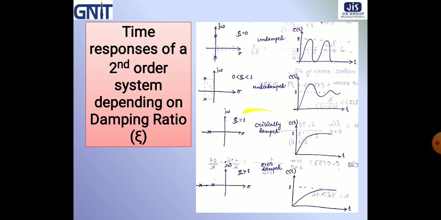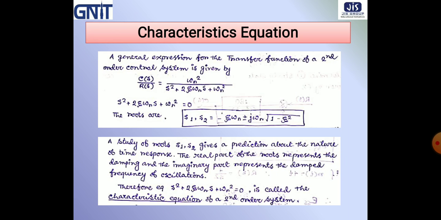And next is the critically damped case. In the critically damped case, zeta is equal to 1. If we put zeta equal to 1 in this particular equation, then the imaginary part will be 0. There will be only minus zeta omega n, so only minus omega n will be there.